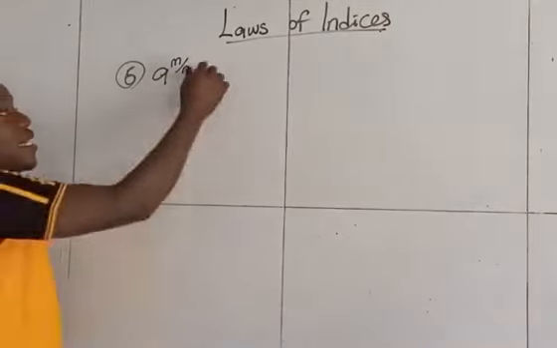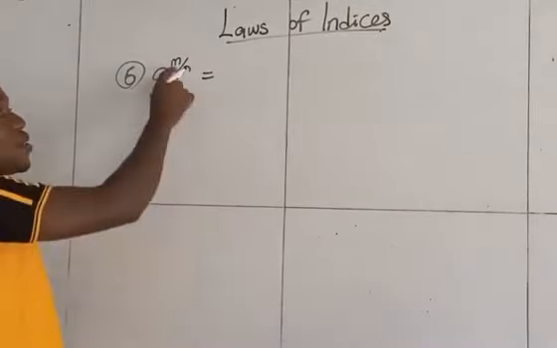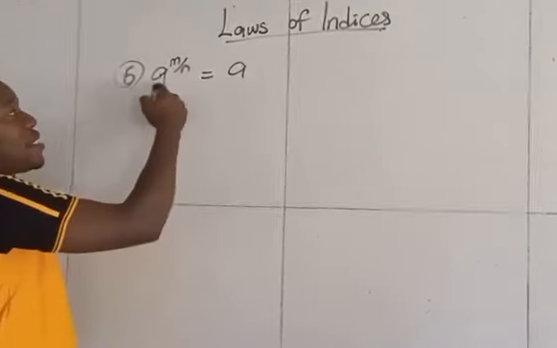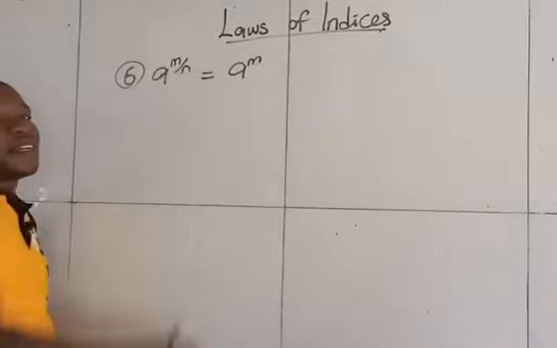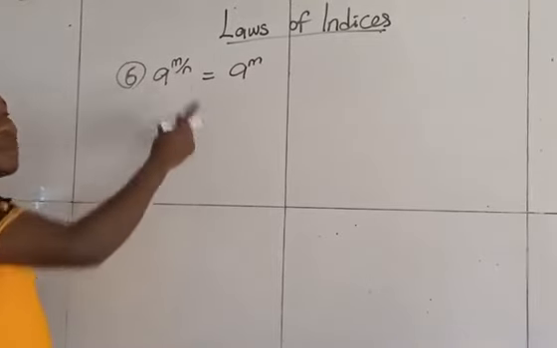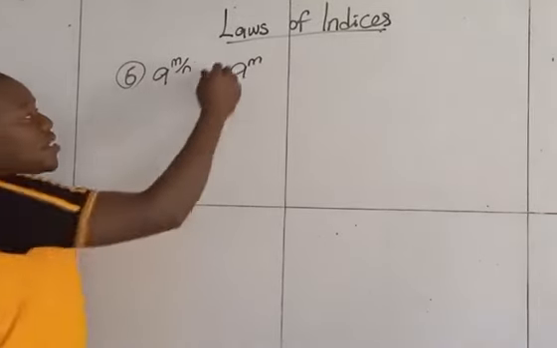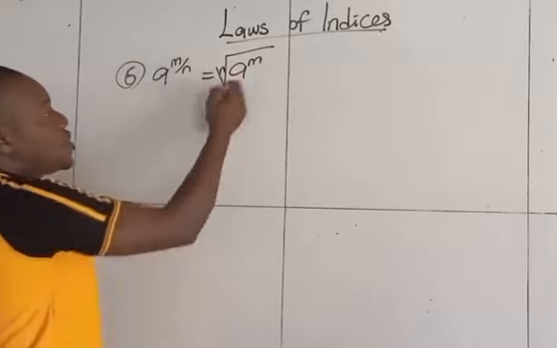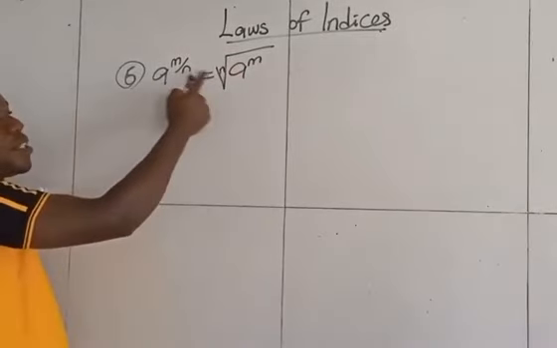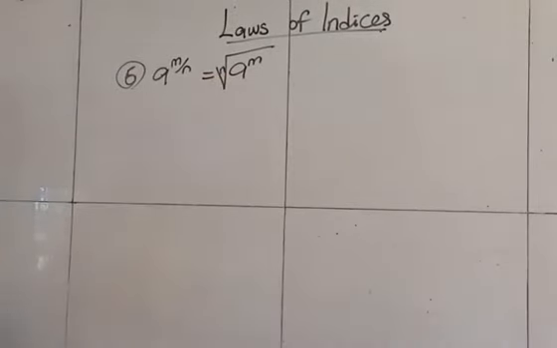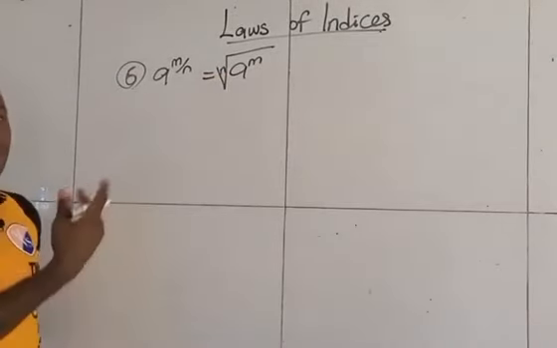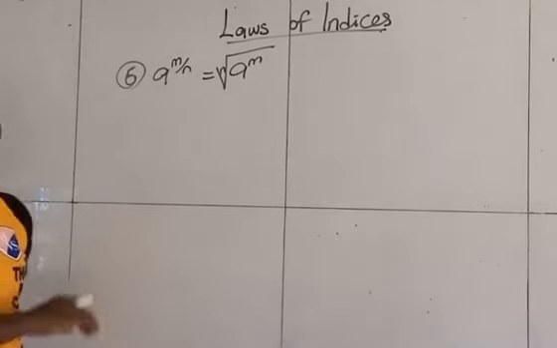In this law, quickly, it states that the numerator remains the power. So this is still a raised to the power m. The numerator remains the power, but the denominator becomes the root. So this is the n-th root. n becomes the root, m remains as the power. So in the laws of fractional powers, the numerator remains the power, the denominator becomes the root.